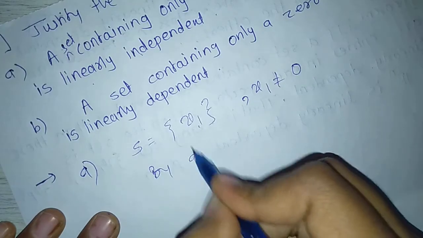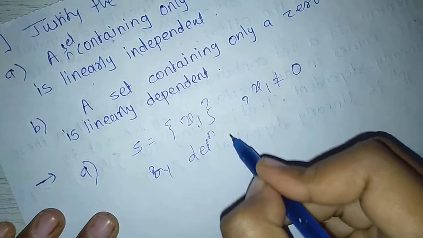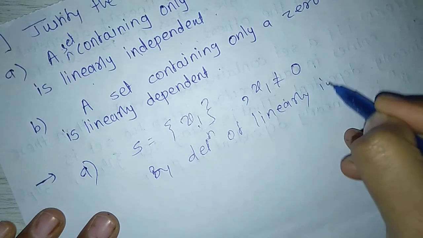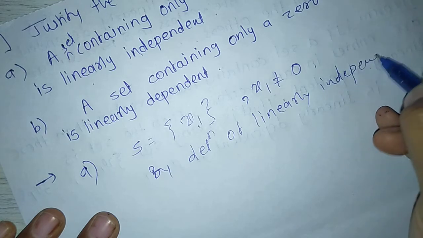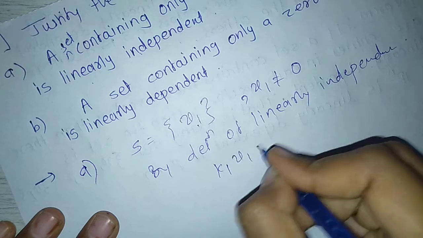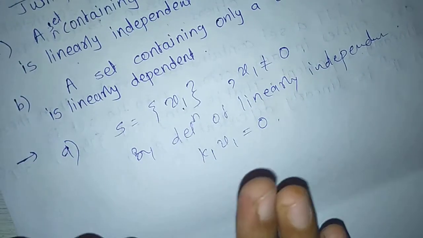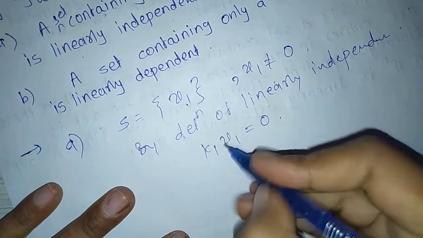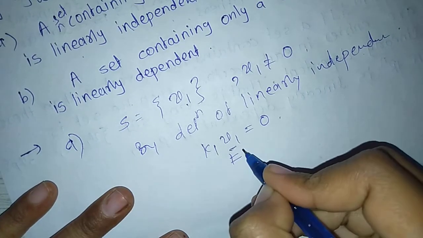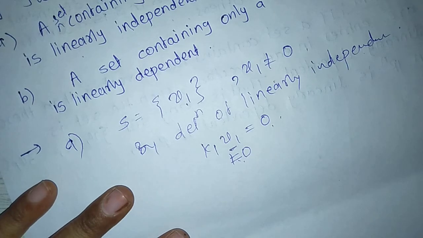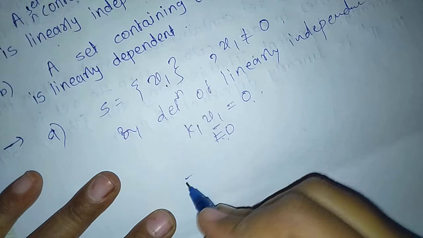So, by definition of linear independence, K1 into V1 equal to 0. Left hand side is K1 into V1 and right hand side is 0. V1 is not equal to 0. That means K1 must be equal to 0.